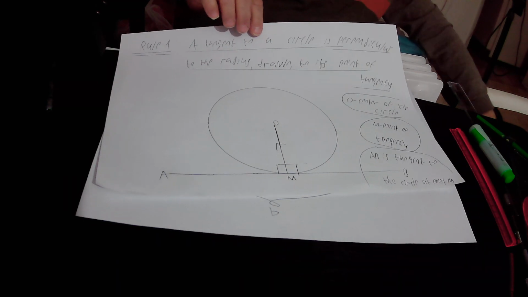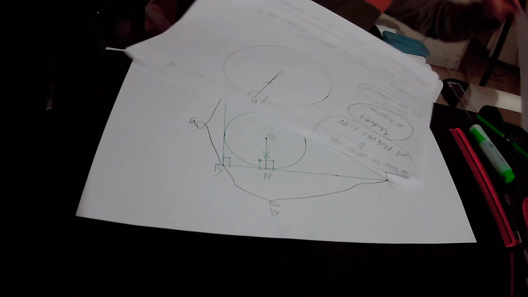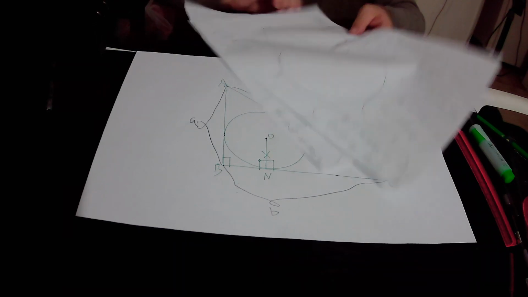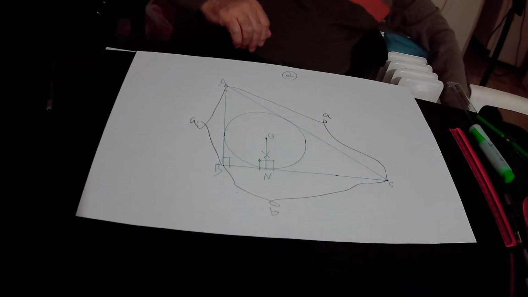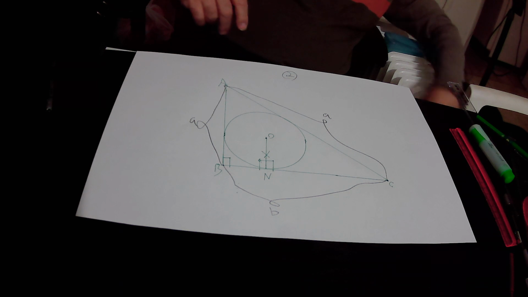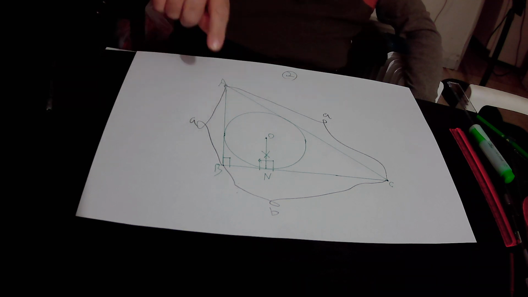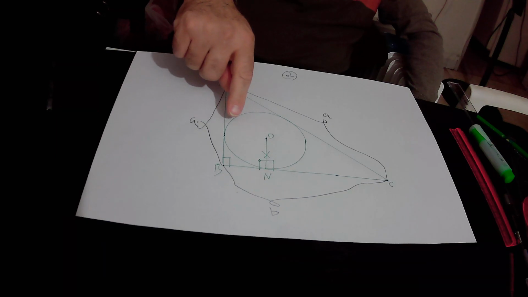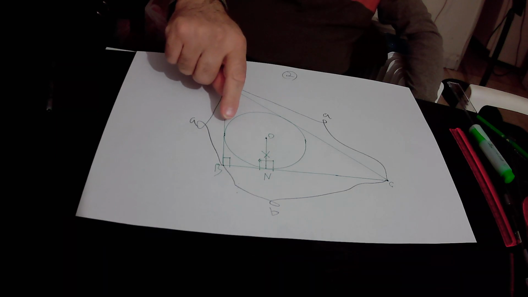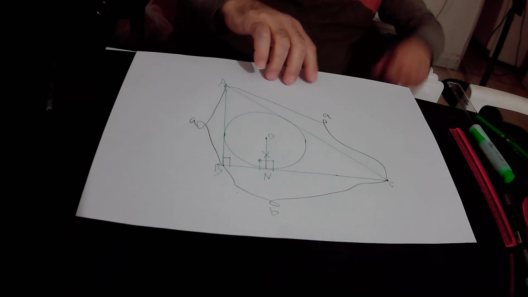So actually we can implement rule number 1 in our drawing. We define the point of tangency of tangent AB with this circle as M.